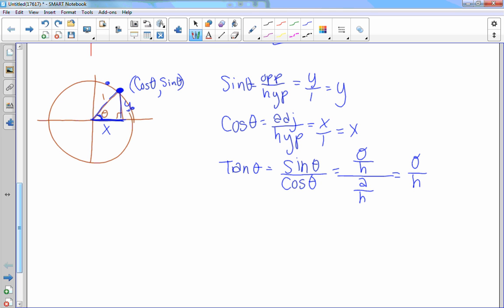You copy the first, flip the second. Flip and multiply. And what happens to H's? They cancel out, and we get O over A. Does that sound familiar? Toa, tangent. So tangent is the ratio of sine over cosine.